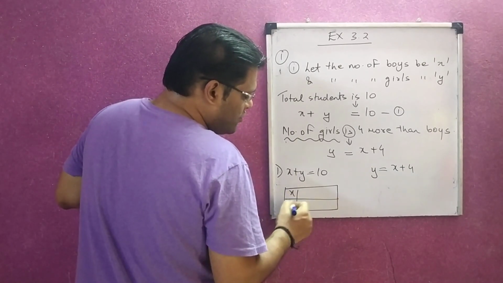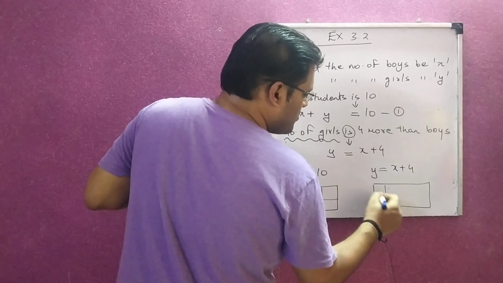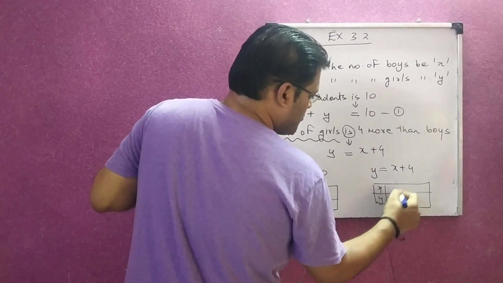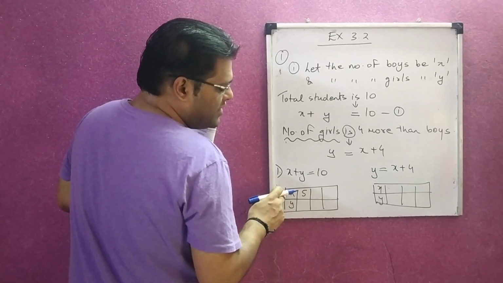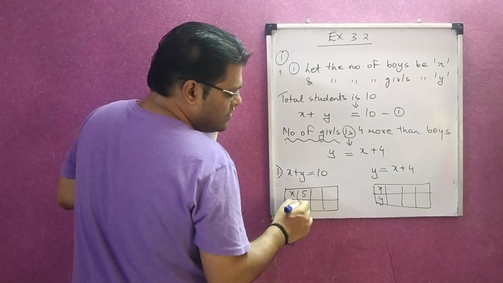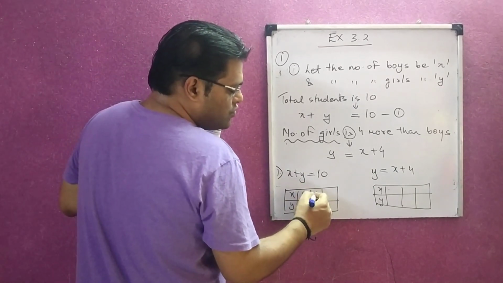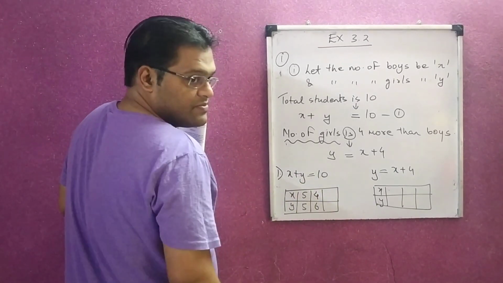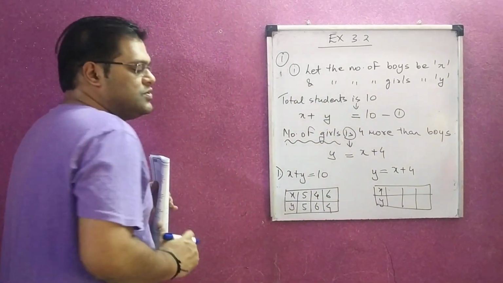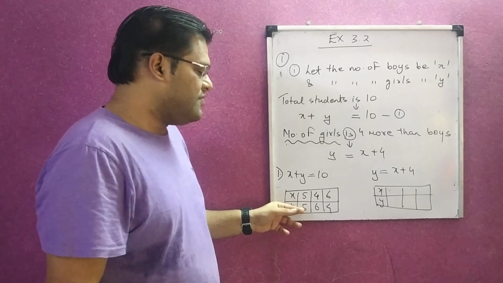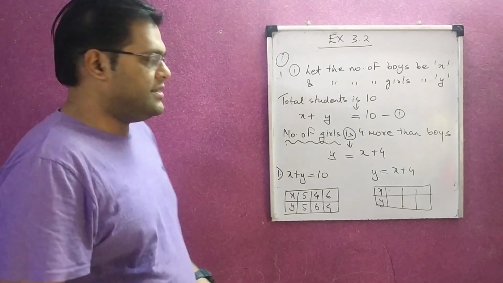Now the equations are easy. Suppose I take the value for x as 5, y also will be 5. Suppose I take the value for x as 4, y will be 6. If I take x as 6, y will be 4. So in other words, I have 5 plus 5, 10, 4 plus 6, 10, 6 plus 4 is also going to be 10.